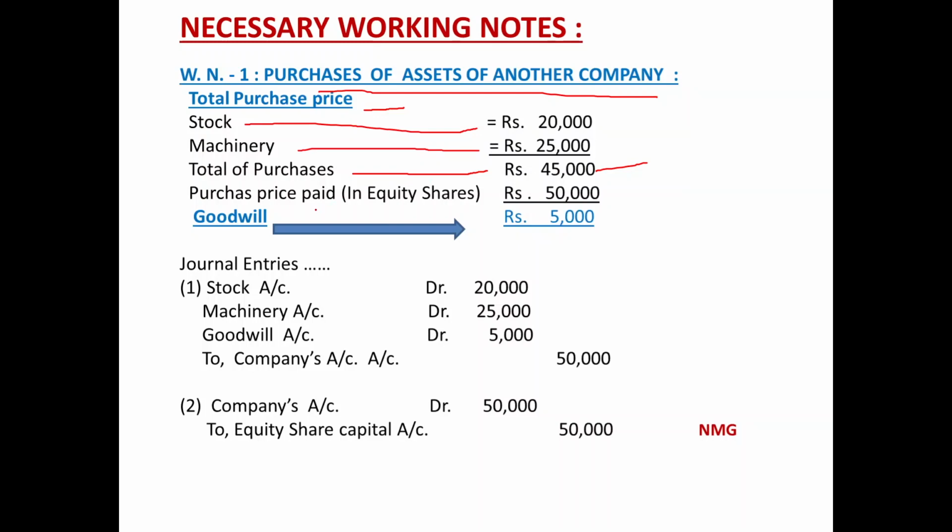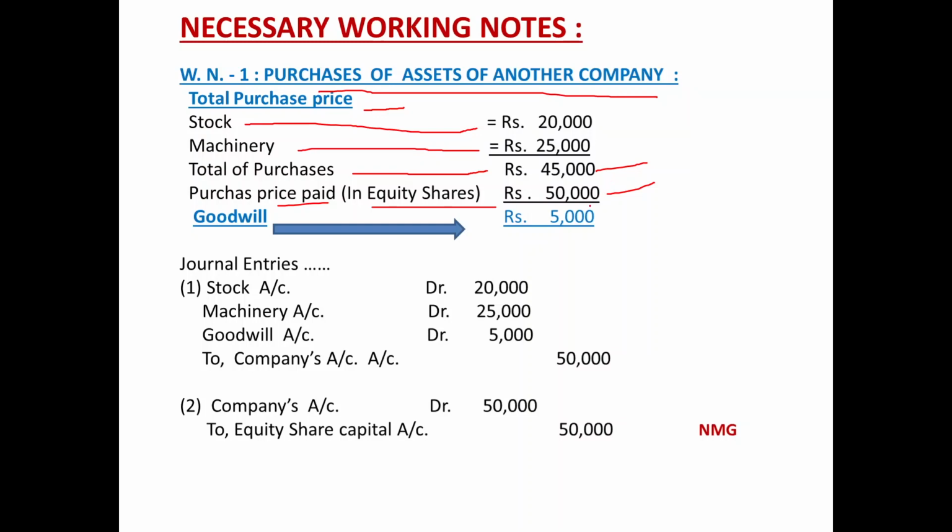Versus how much the company has paid in exchange in lieu of these purchases. Purchase price paid in equity shares, 50,000. So two assets, the total of which is 45,000. To purchase these two assets, the company paid equity shares worth rupees 50,000.